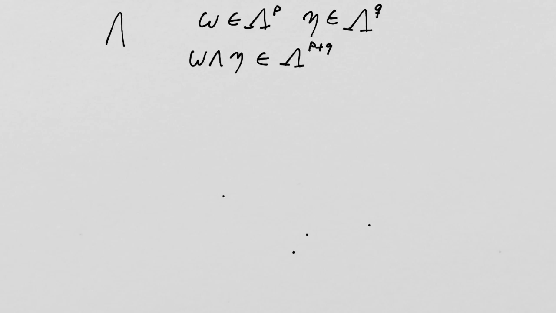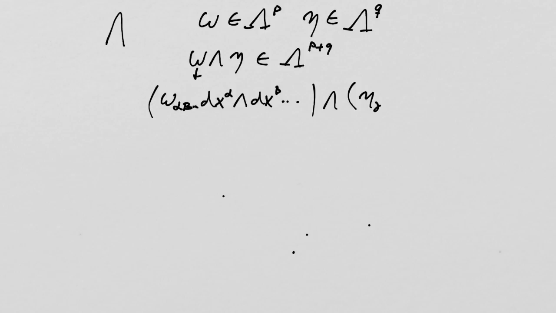We know that. But now, if we look at it, we know that ultimately omega is going to be, we can construct omega as omega alpha beta dots dx alpha wedge dx beta dots, and that thing is going to be wedged with eta gamma delta dots dx gamma wedge dx delta dots.